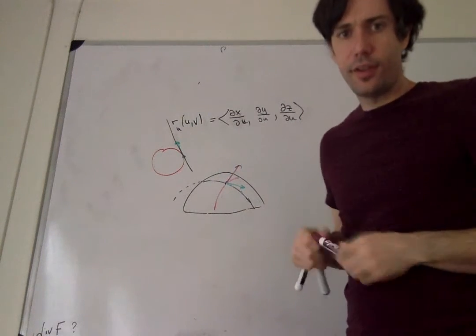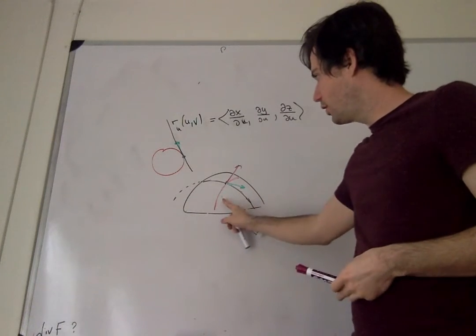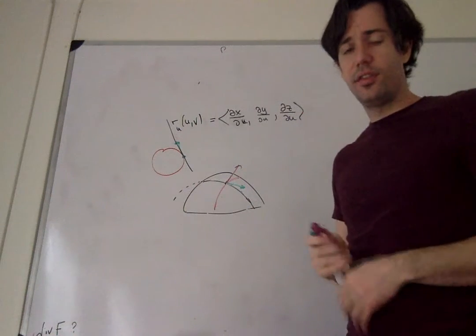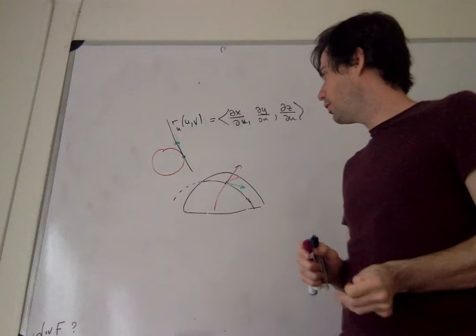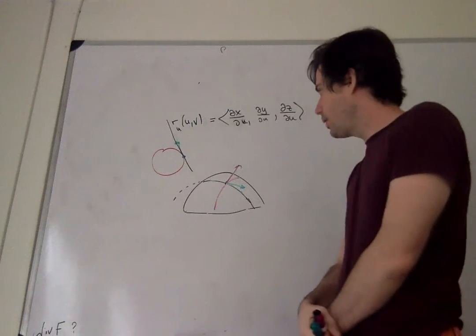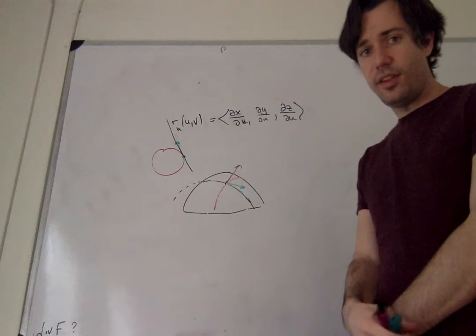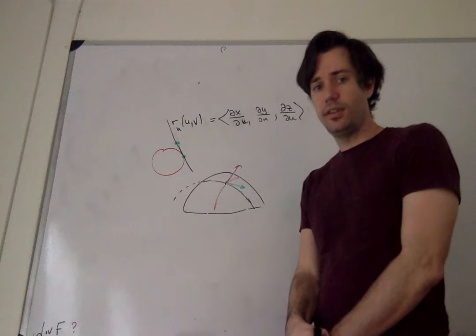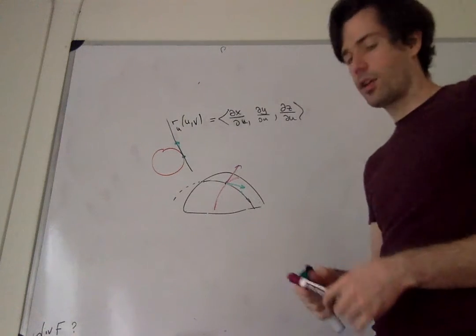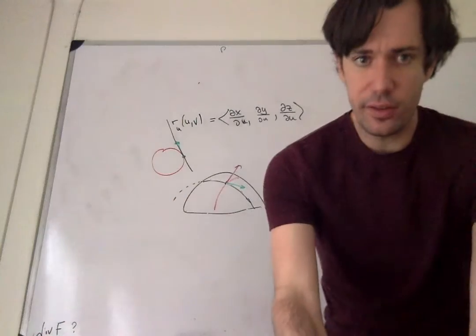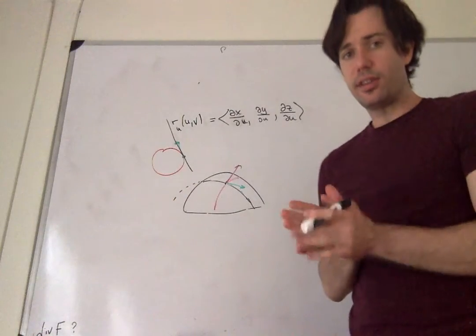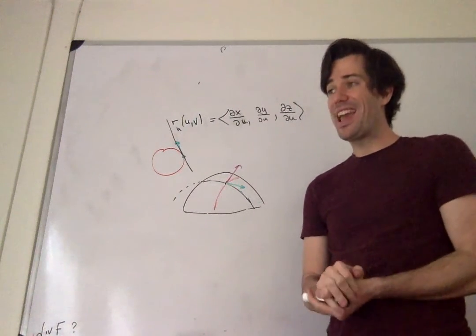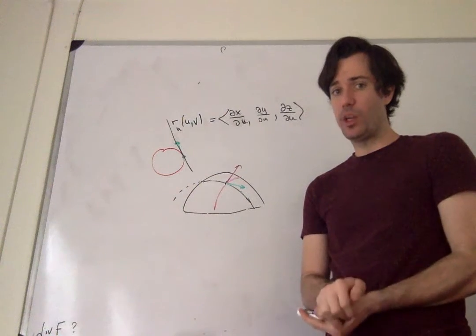The purple vector is the velocity vector of the red curve, and the green vector is the velocity vector of the black curve. Okay? So if I had these two vectors, as long as they're linearly independent, then they can describe any point in the plane which contains them.